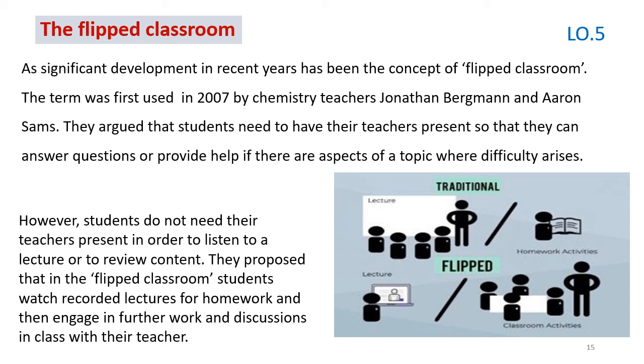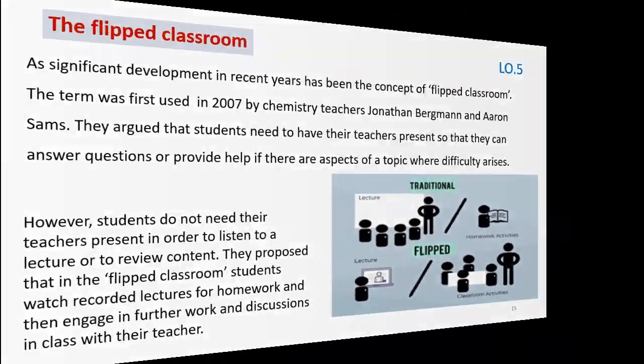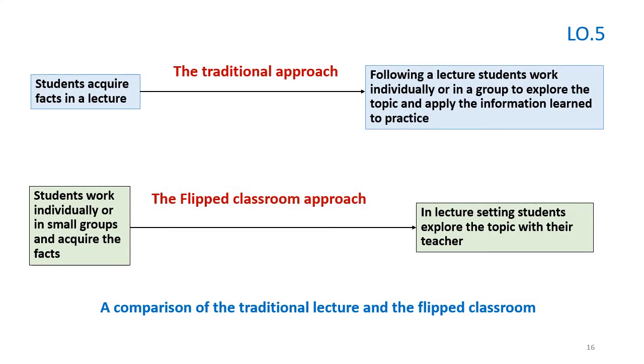They proposed that in the flipped classroom, students watch recorded lectures for homework and then engage in further work and discussions in class with their teacher. Students acquire the facts in the lecture.